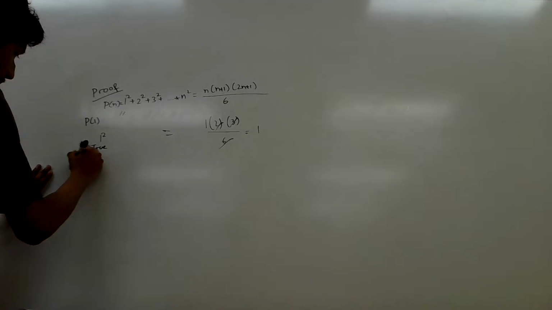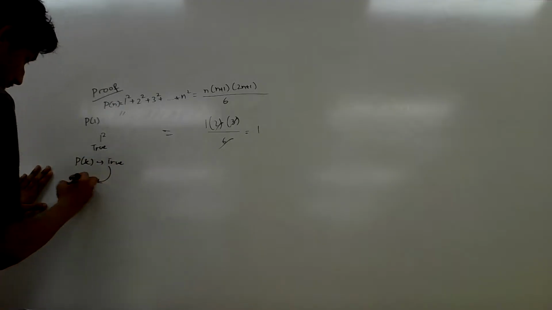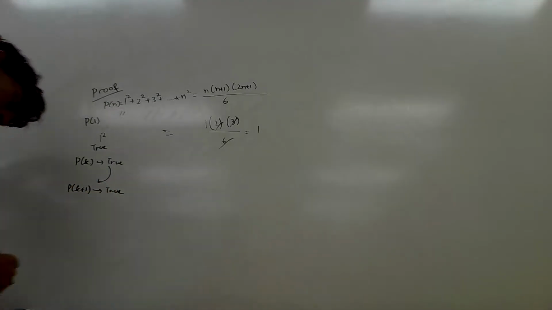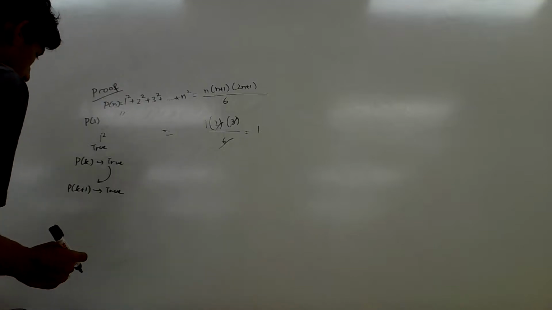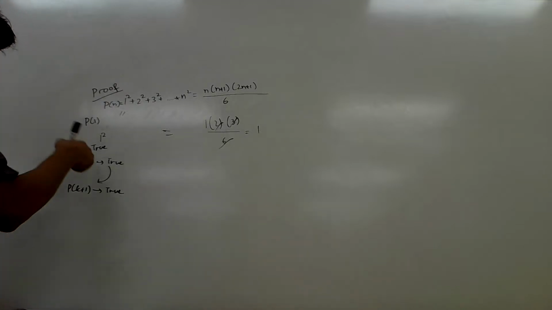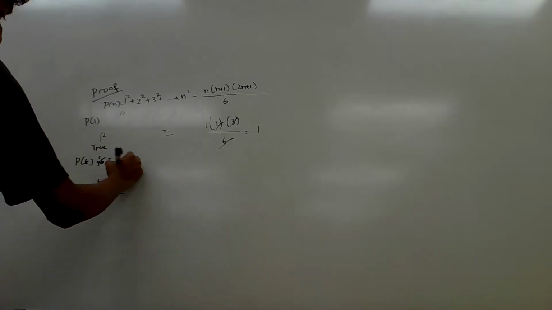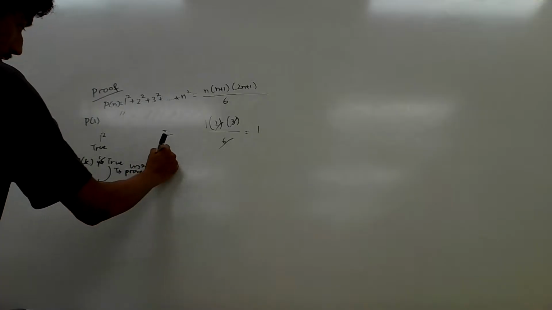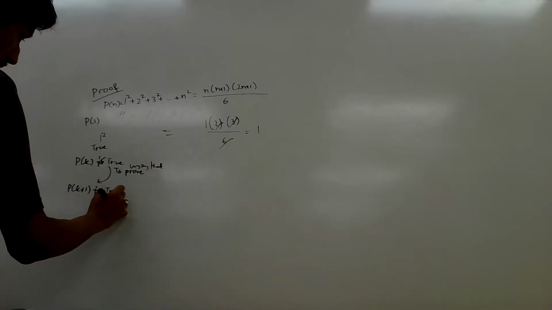Now you need to take p equals k to be true and prove using that p of k plus 1 is also true. I'm using the arrows in a very weird way because arrows generally mean implication, but it's not in that sense in here. P equals k is true, to prove using that p equals k plus 1 is also true.